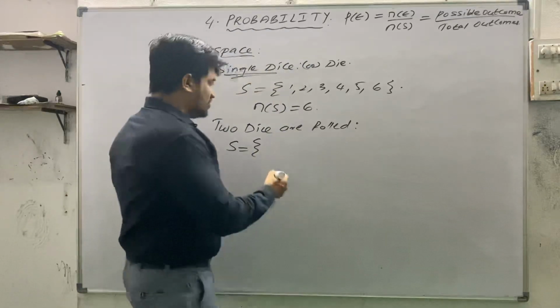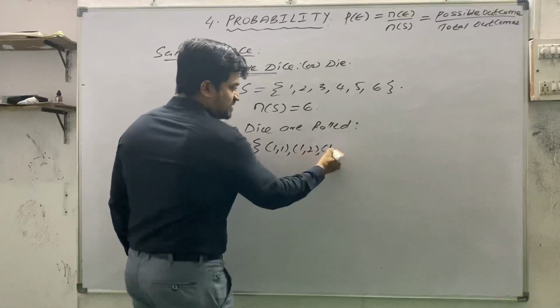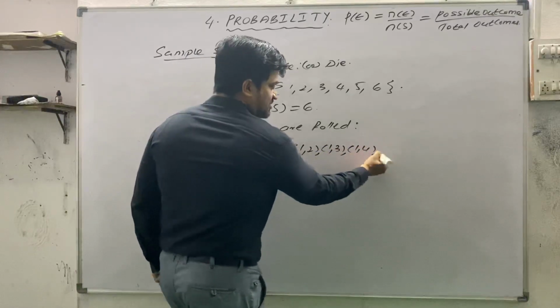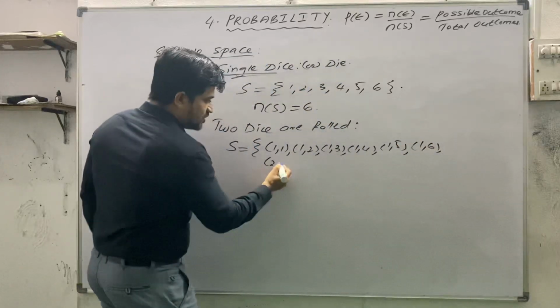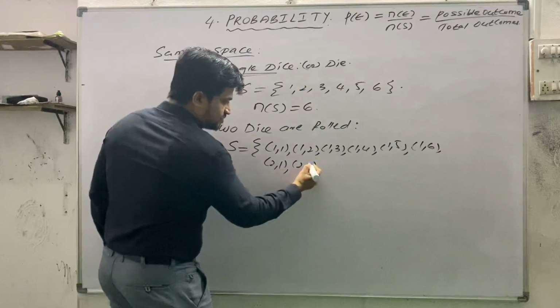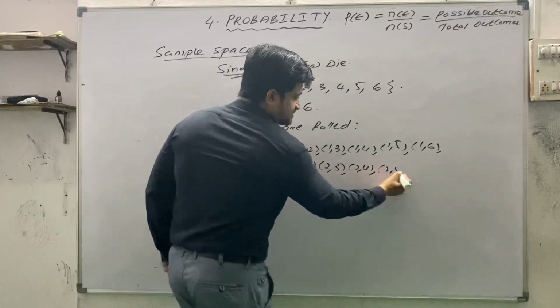That we have to remember to write like this: 1 1, 1 2, 1 3, 1 4, 1 5, 1 6. Then 2 1, 2 2, 2 3, 2 4, 2 5, 2 6.